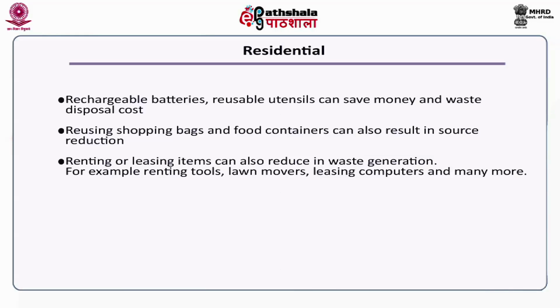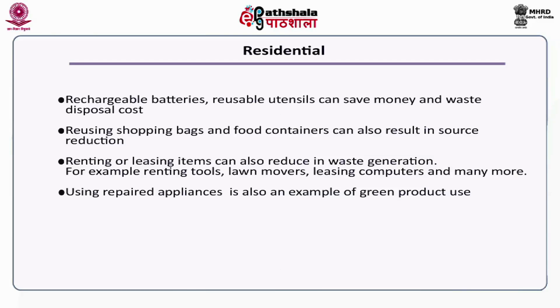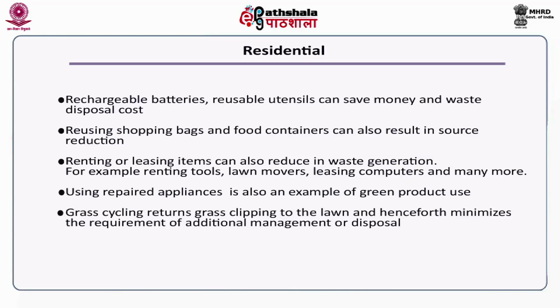For example, if you rent a tool or a lawn mower or lease a computer, it will minimize the purchase of these materials. Using repaired appliances can also be an example of green product use. Now, grass cycling returns grass clippings to the lawn, and hence it will minimize the requirement of additional management or disposal.